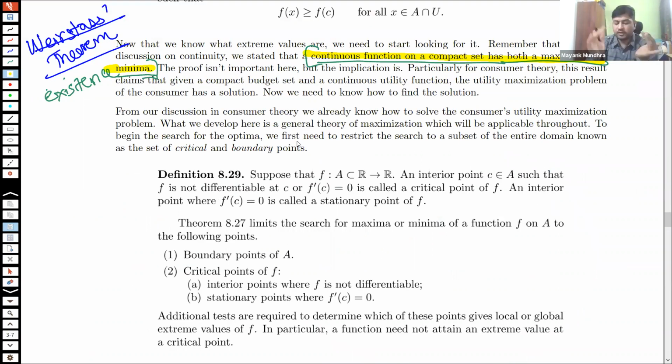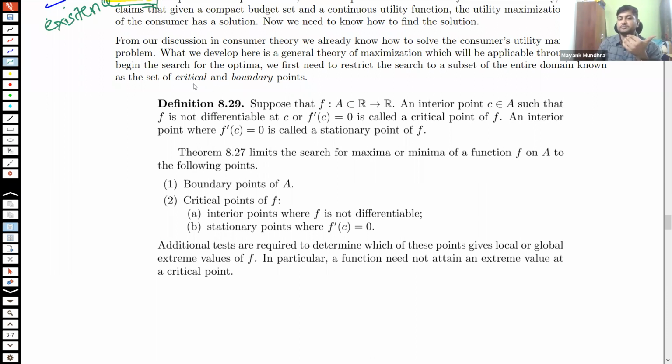So whenever you are being asked about a maxima or minima, the first thing we look at is whether the domain is compact, that is closed and bounded, and whether the function is continuous. If that is true, then we move to the next step, and there we try to find the critical points and boundary points. So what are critical and boundary points? The points at which the function is not differentiable, or f prime is 0, are called critical points.